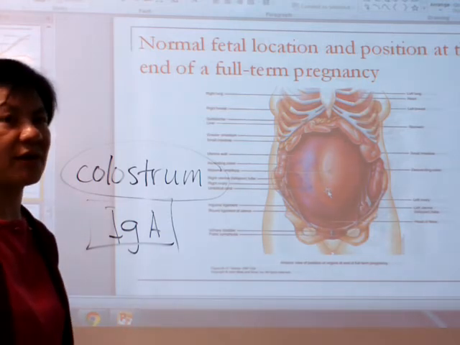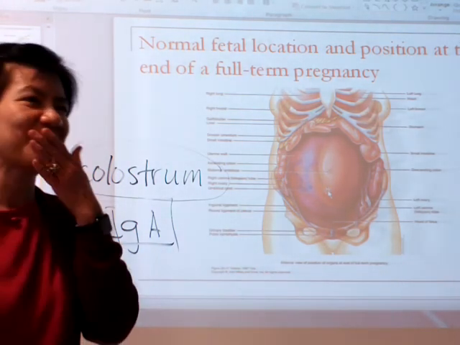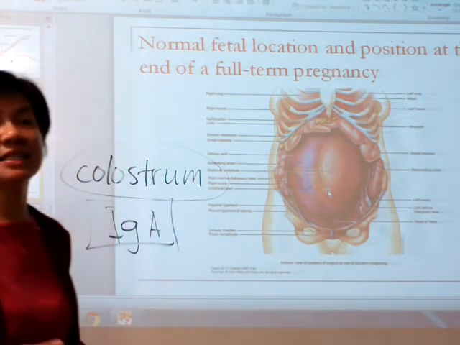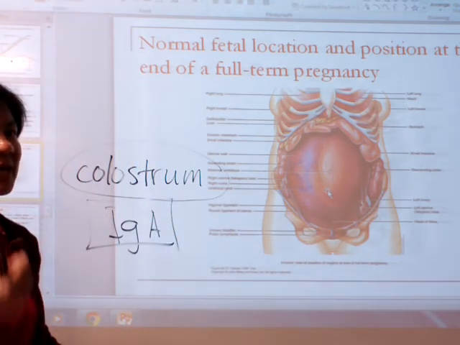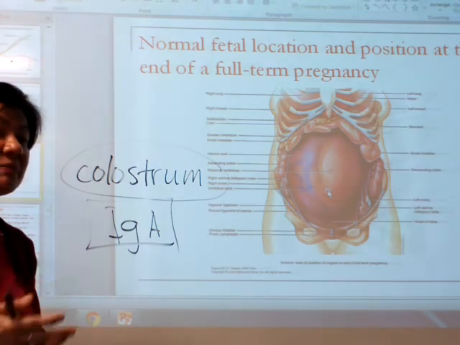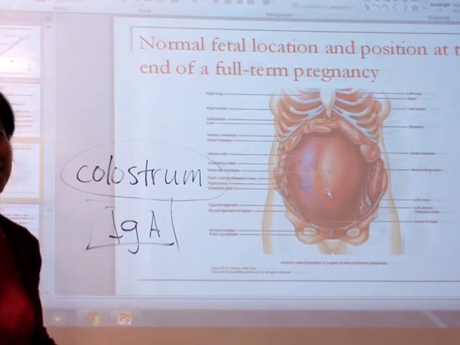Why is breast milk so ideal? For one thing, you don't have to worry about preparation. It's so handy, it's so portable. Number two, you need to remember that when the baby is born, does the baby have enzymes to digest whatever food? No, it doesn't, right?